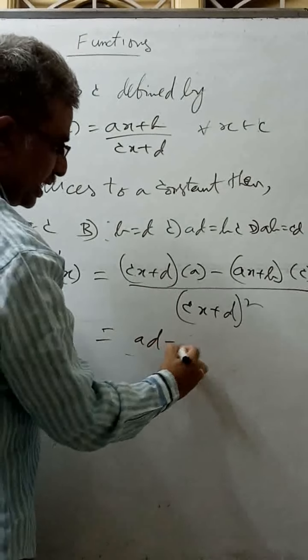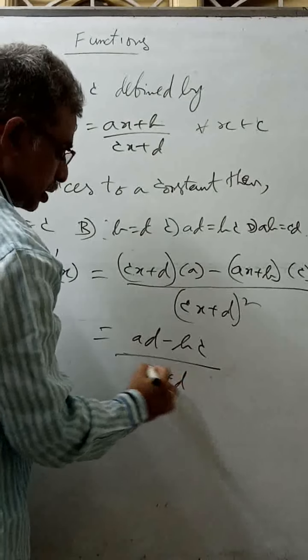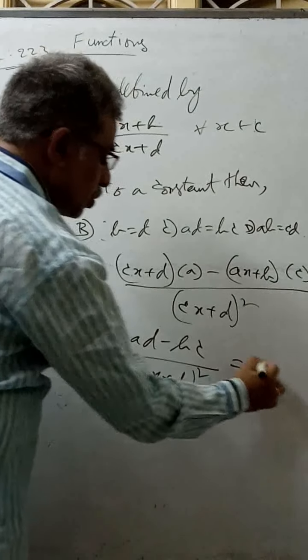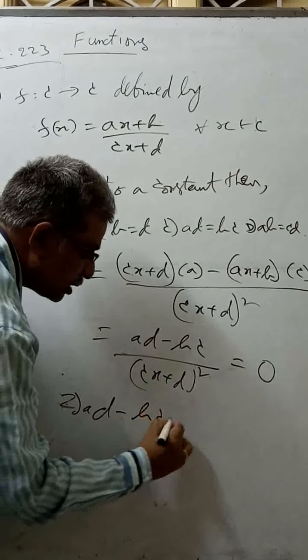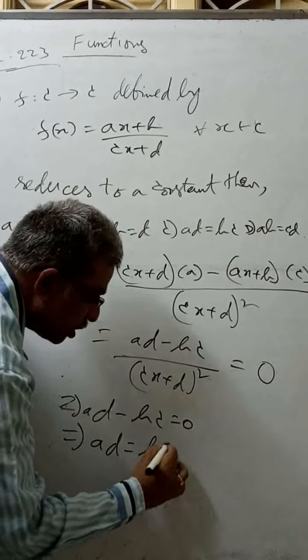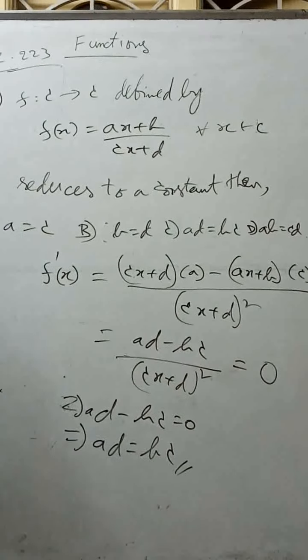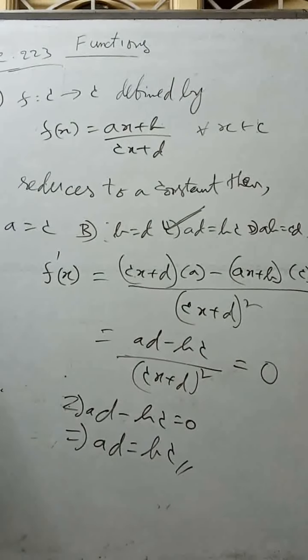Left out is ad minus bc by cx plus d whole square. Making it equal to 0 becomes ad minus bc equal to 0, which implies ad equal to bc. So our required condition is ad equal to bc. Option C.